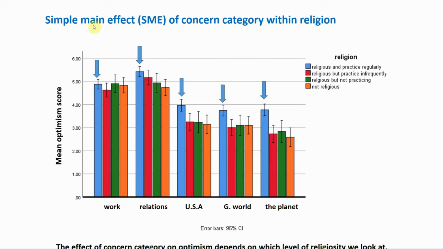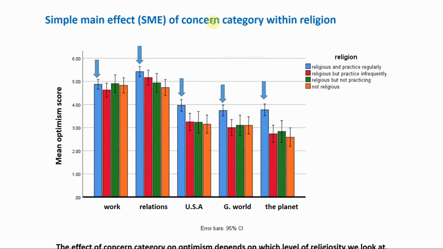All right, so before we looked at the simple main effect of religion within concern category, this one is going to look at the simple main effect of concern category within religion. All right. So remember how to take this apart. Look at that first variable, simple main effect of concern category.